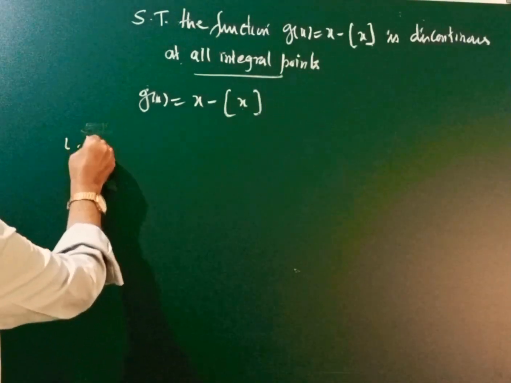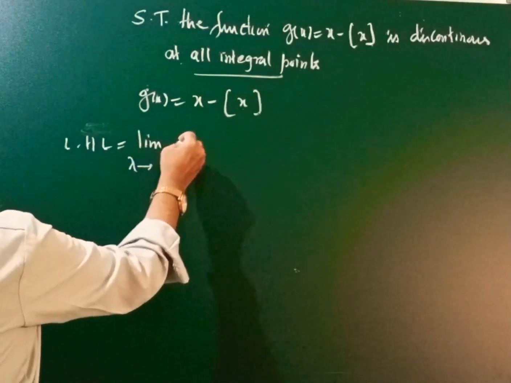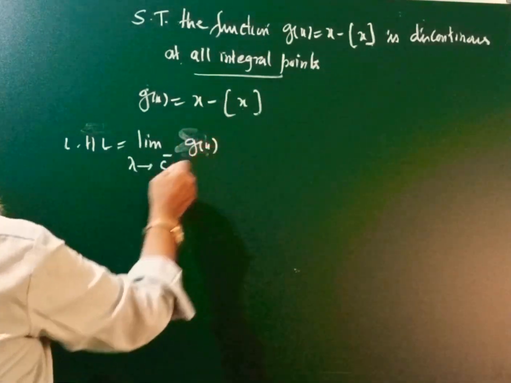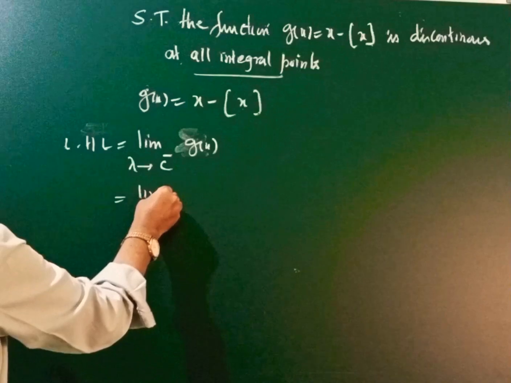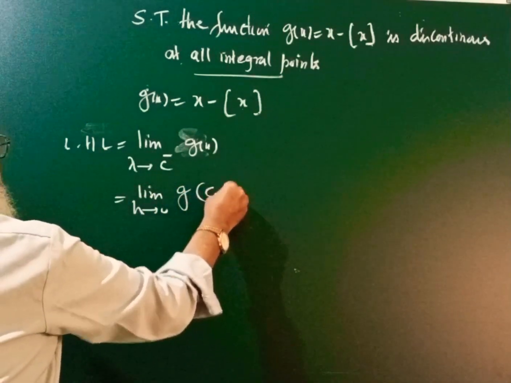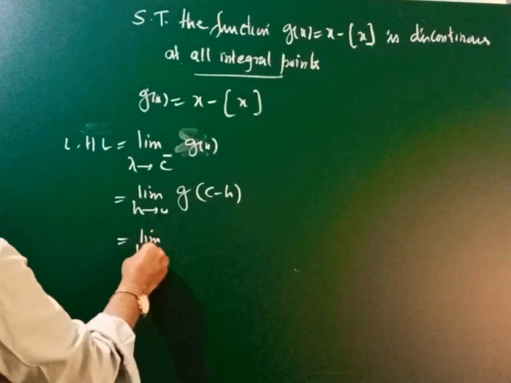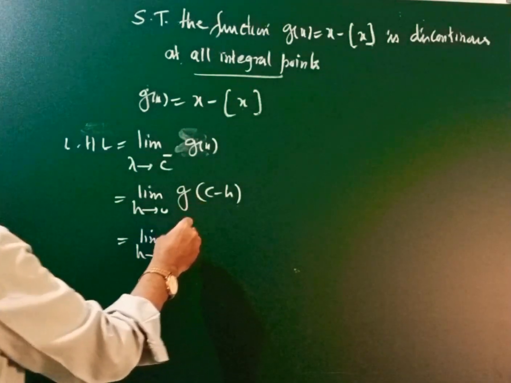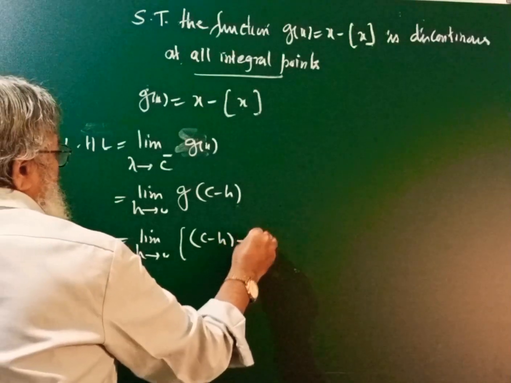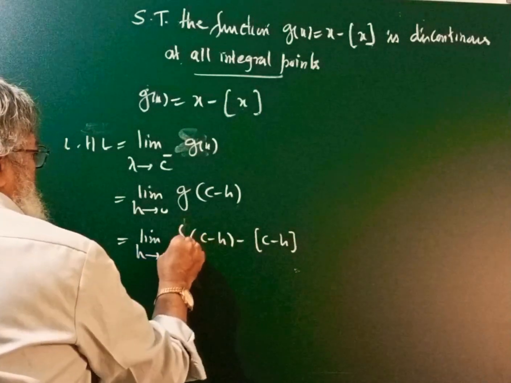Now let us take the left hand limit. Limit x tends to c from the negative side of g(x) is equal to limit h tends to 0, g of c minus h, which is limit h tends to 0, c minus h minus the greatest integer function of c minus h.